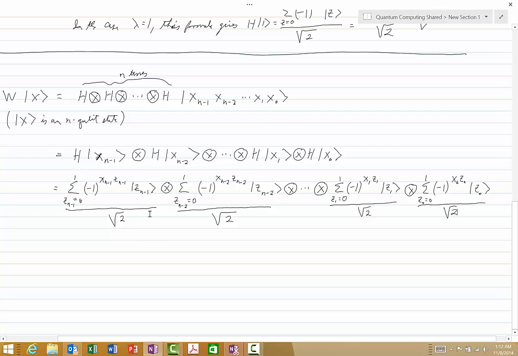Now, if we put this all together, this will be the same thing as 1 over the square root of 2 to the nth power, because we have square root of 2 in different times. So this is the square root of 2 to the n in the bottom. And then what do we have in the top?